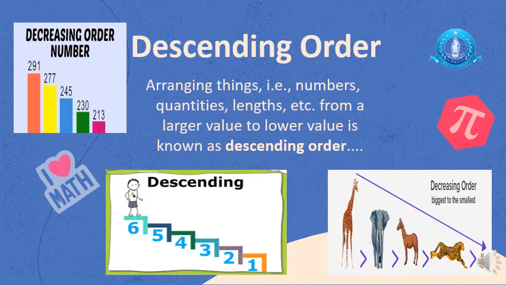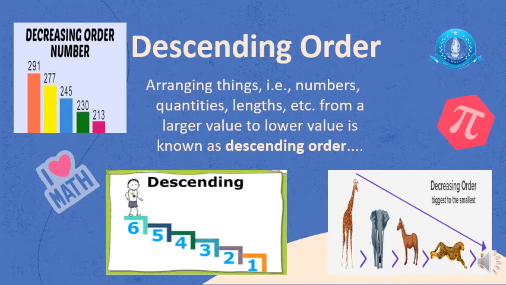Let me tell you how you can relate descending order in your real life. When you are going upstairs, now you are standing on 20th stair. You are standing upstairs. You have to come down. Descending means you have to move from greater to smaller.